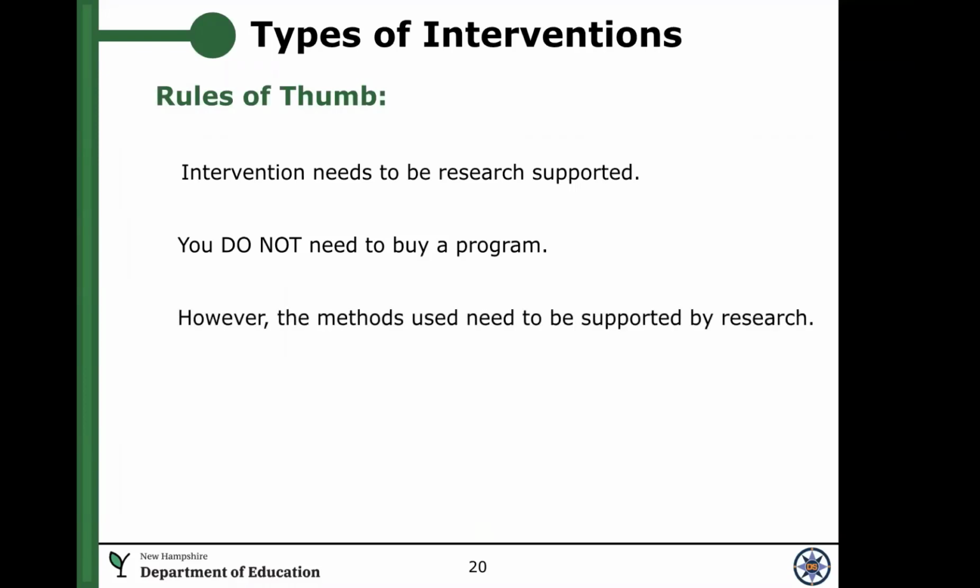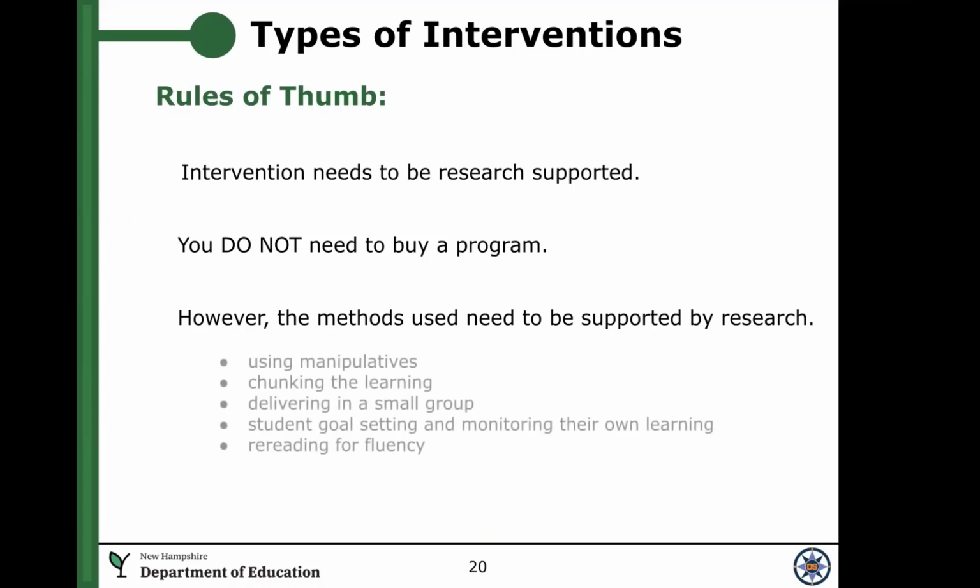However, you need to make sure that the methods that you use are supported by research. Examples supported by research: using manipulatives, chunking the learning, delivering in small groups, student goal setting and monitoring of their own learning, rereading for fluency.